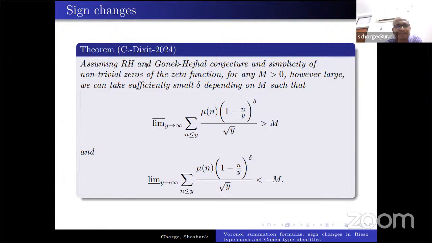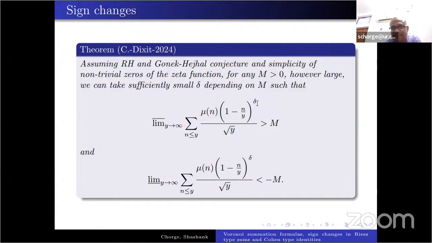Assuming the Riemann hypothesis, the Gonek-Hejhal conjecture and simplicity of non-trivial zeros of the zeta function, for any m greater than 0, however large, we can take a sufficiently small delta depending on m such that the lim sup of this function is greater than m and the lim inf of this function is less than minus m. Okay, so this is a weighted sum.